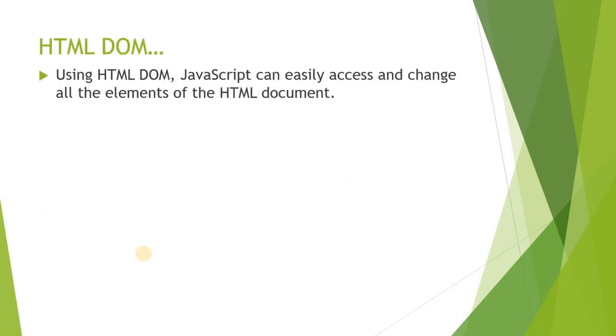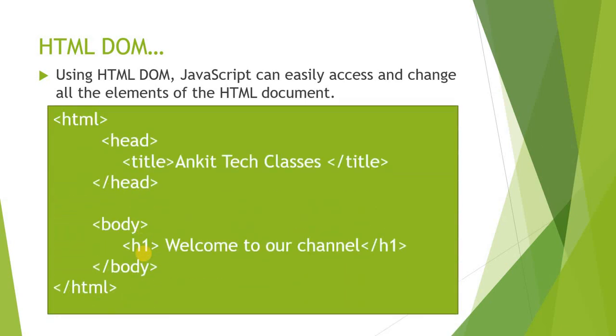Using HTML DOM, JavaScript can easily access and change all the elements of the HTML document. It means you can use JavaScript to manipulate the HTML DOM using the different methods of JavaScript.